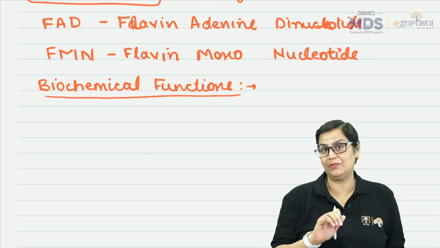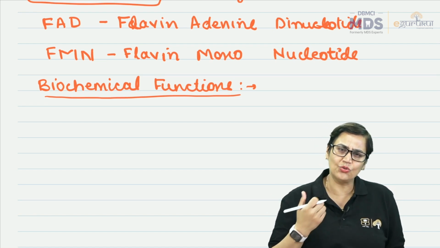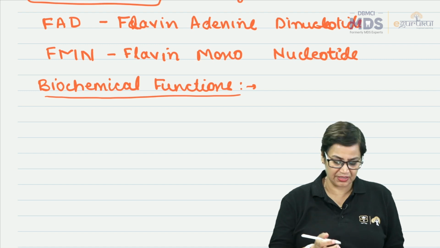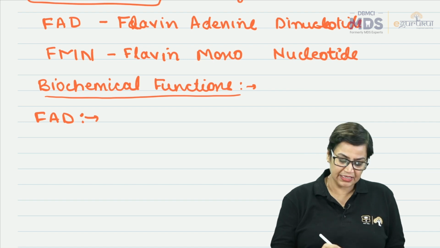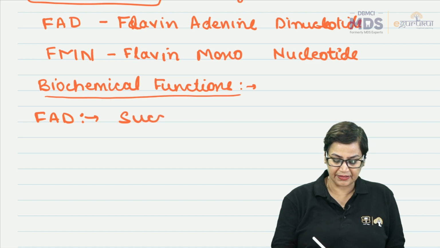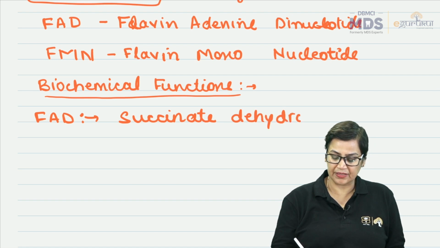Now, this vitamin B2 is a coenzyme for so many important reactions. First of all, if we take FAD, it is required as a coenzyme for succinate dehydrogenase.